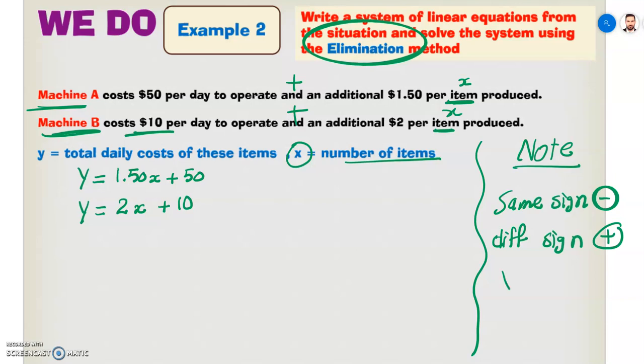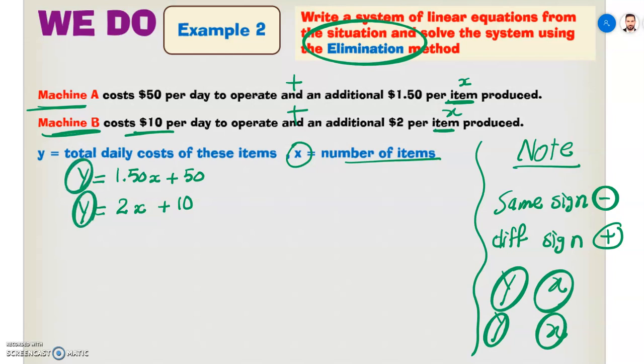Remember to make Y or X having the same coefficient. Here I have Y having the same coefficient as Y. So I'm happy. I can do directly minus. So I can use the elimination method.